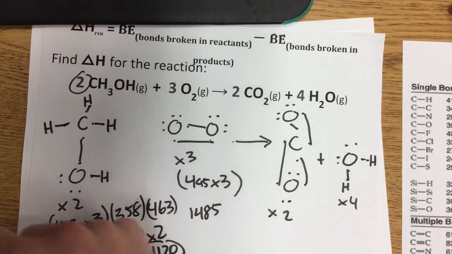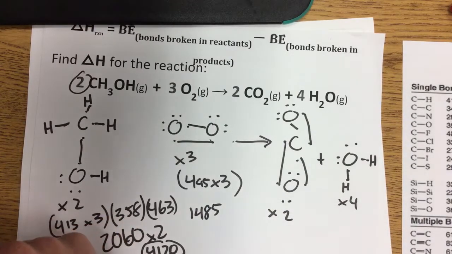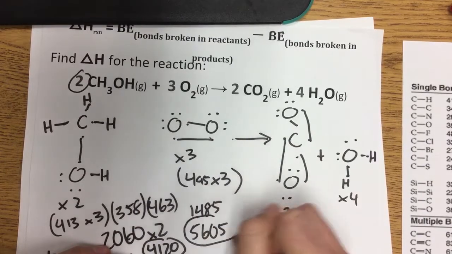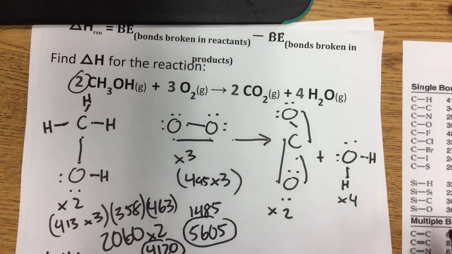Then add that together with 4120, and it's 5,605, which is your broken bonds in the reactants.